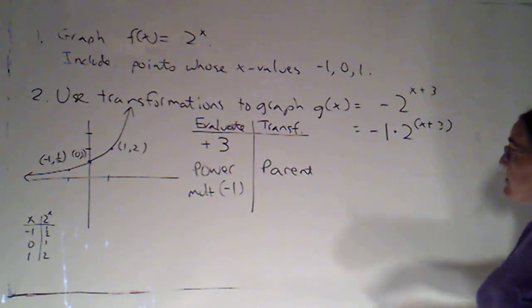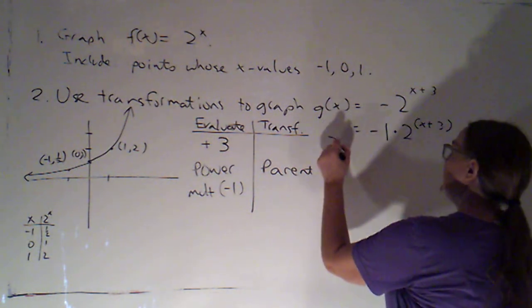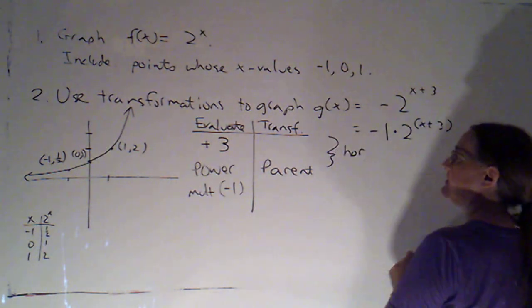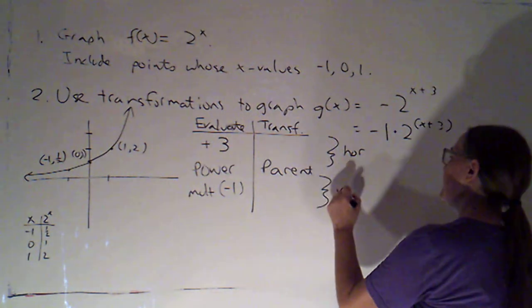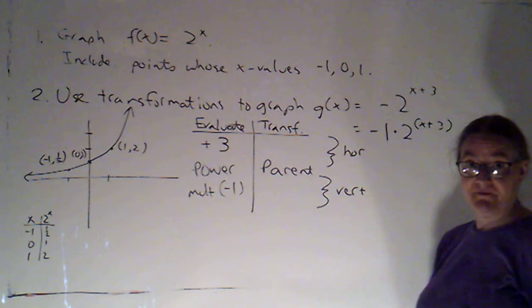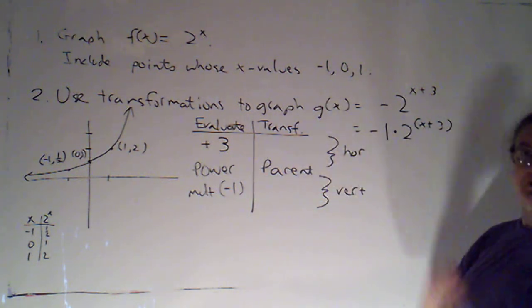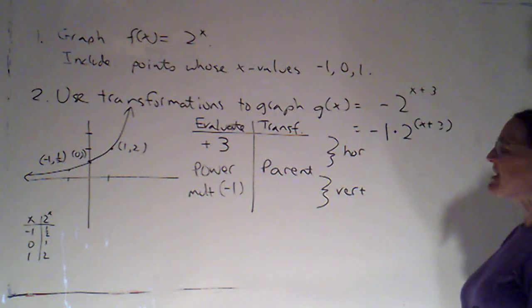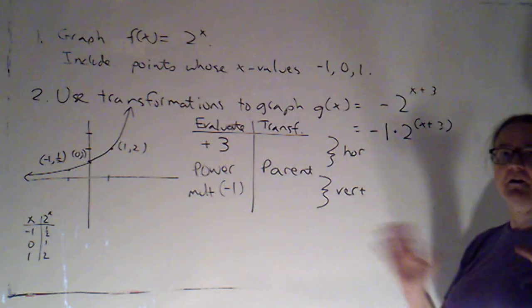Now remember our rule: anything we do before we evaluate the parent function is going to affect the graph horizontally. Anything we do after the parent function is going to affect the graph vertically. In this case, I just have one horizontal and one vertical transformation, so it doesn't matter what order I do them in, because it never matters whether I do vertical or horizontal first.